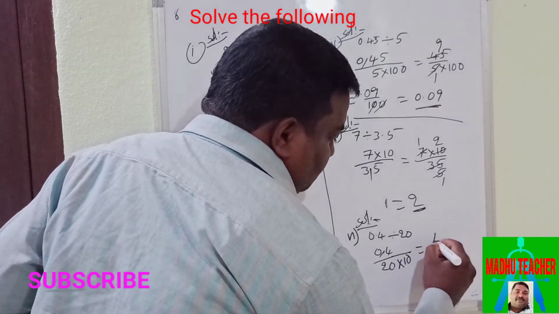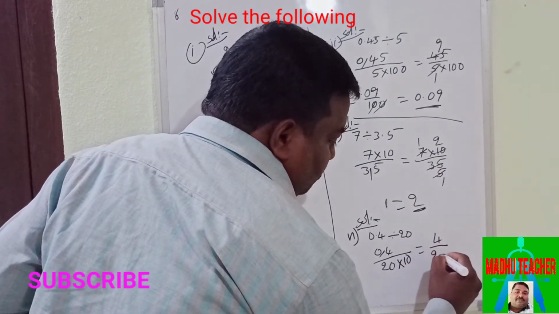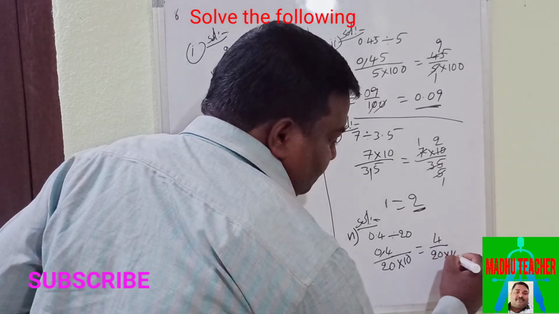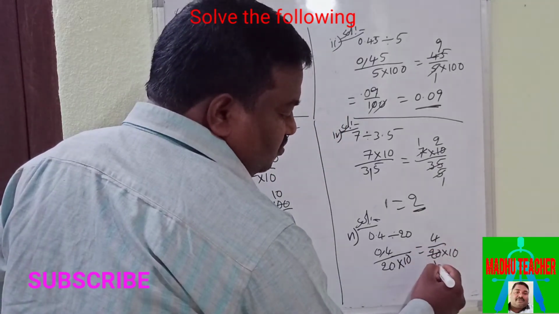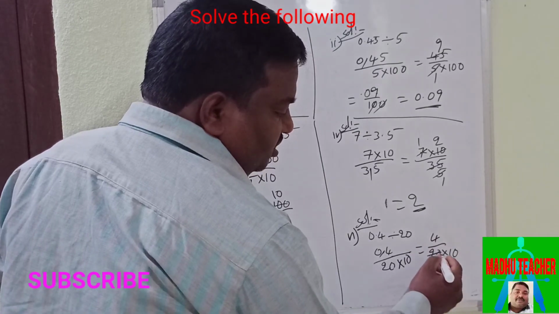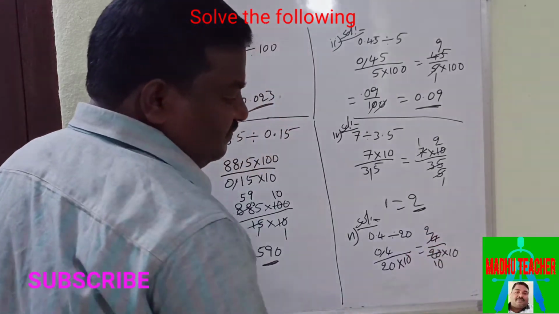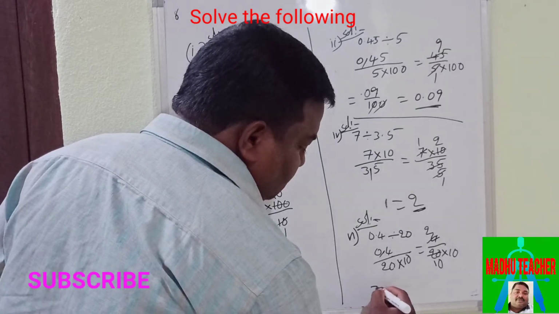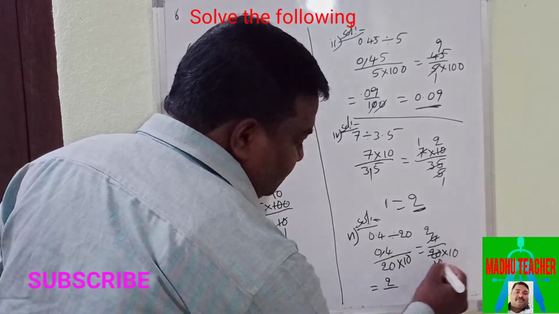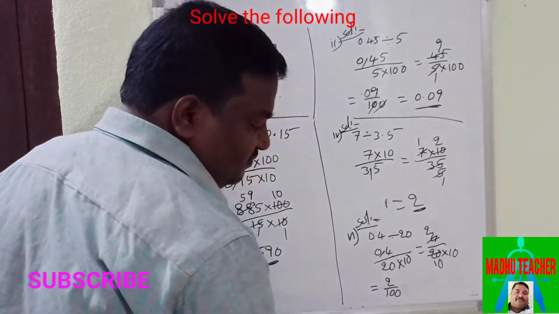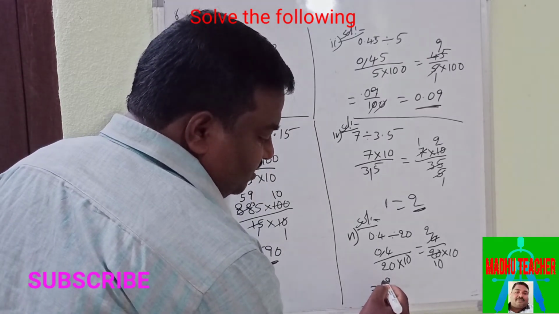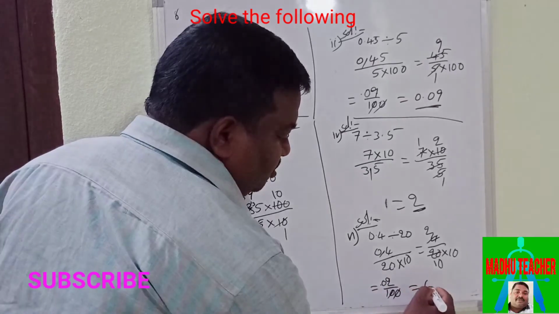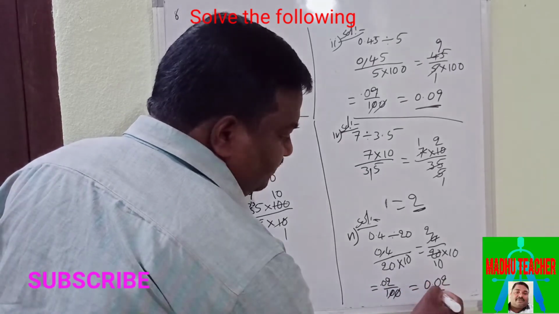So that equal 4 by 20 into 10. Cancelling with only 2. 2 1s are 2, 2 10s are 20, 2 2s are 4. We will get 2 by 10 10s are 100. So 2 zeros cancel, put point before 2 digits, that is point, that equal to 0.02.